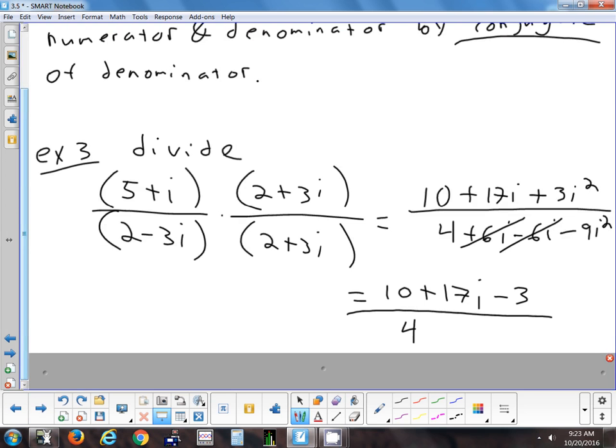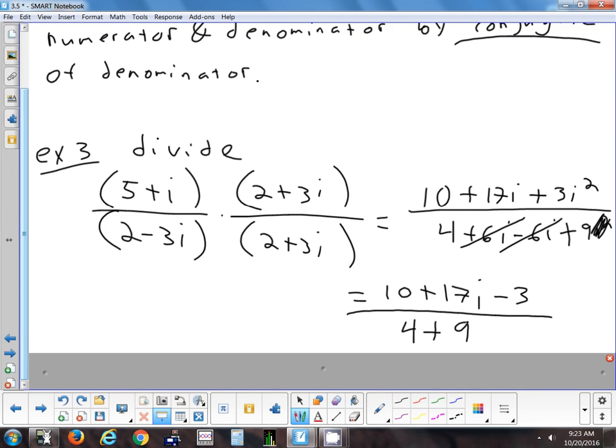And what am I going to put after the 4? I have a minus 9i squared. What is that? Would be a positive 9. Right? Because i squared is negative 1. So that negative is going to cancel that negative. Okay, any questions on that?